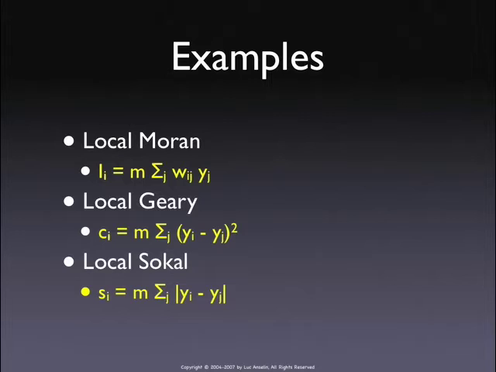Then this other statistic due to Sokal uses absolute differences. Again, the y of I is in here, and it isn't in the local Moran. As we'll see later, it really isn't in the Getis-Ord Gi statistic either, which makes those two, the Gi statistics and the local Moran, easier to compute and calculate inference. That's why the local Moran is in GeoDa.